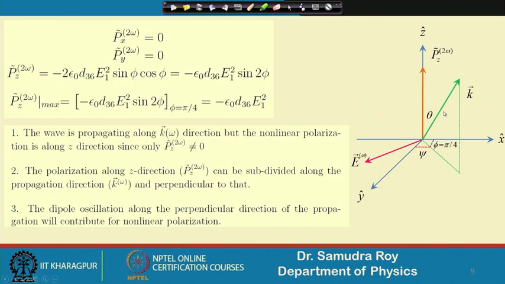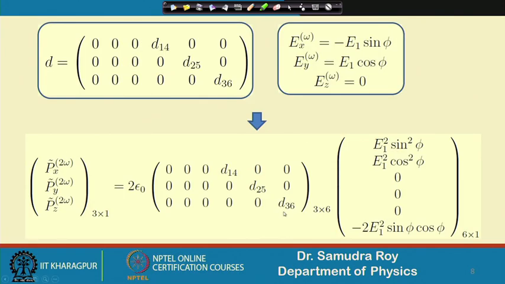In the next slide we have the same thing that we were discussing: the value of p x is 0, the value of p y is 0, and the value of p z is the multiplication of those two terms which we discussed. If I go back to the previous slide, multiplication of this term and this term will be p z.